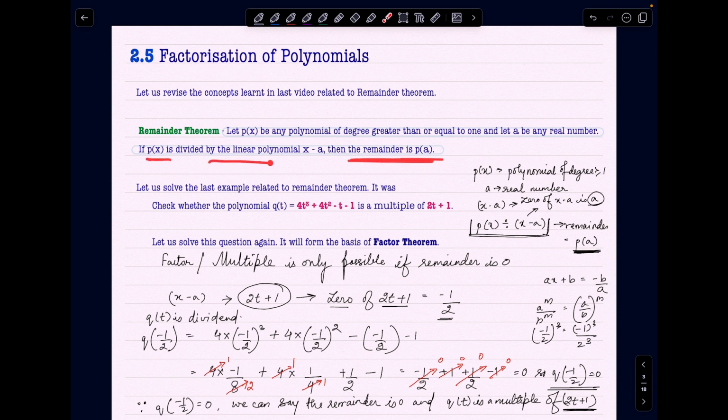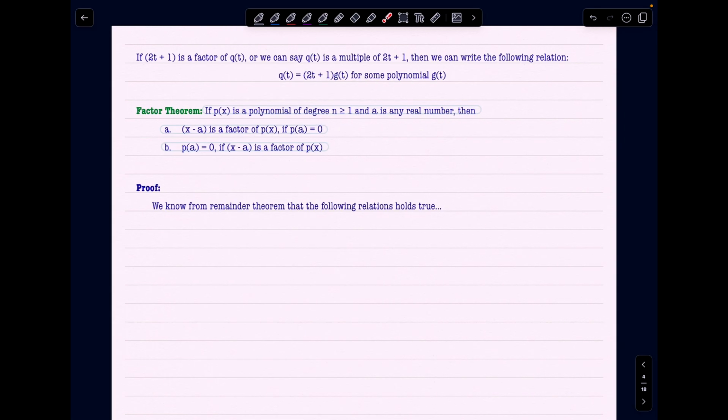When p(x) is divided by x minus a, the remainder is p(a). So the factor theorem says: if p(x) is a polynomial and a is any real number, then if p(a) is 0, meaning the remainder is 0, we can say that x minus a is a factor of p(x). Understood?